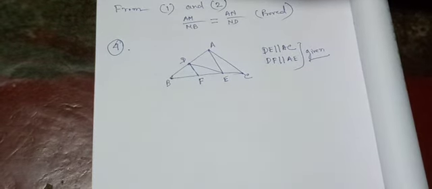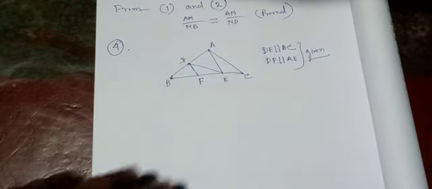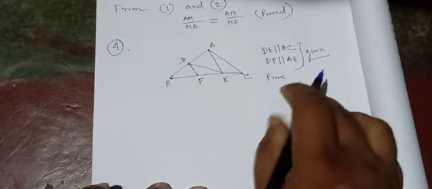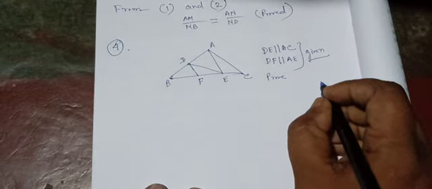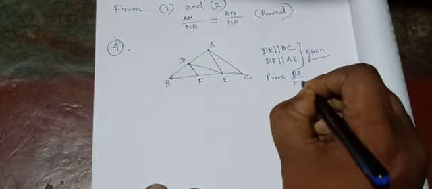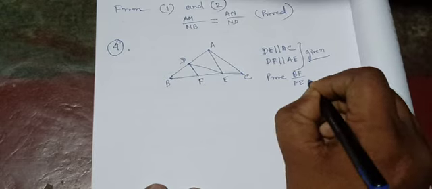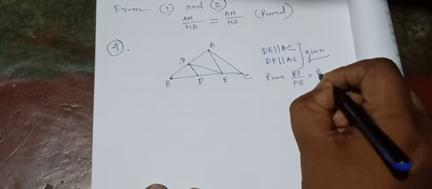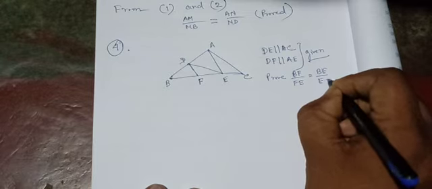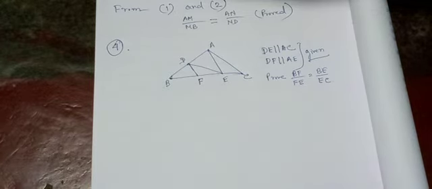We have to prove that BF by FE equals BE by EC. Now here comes the solution.